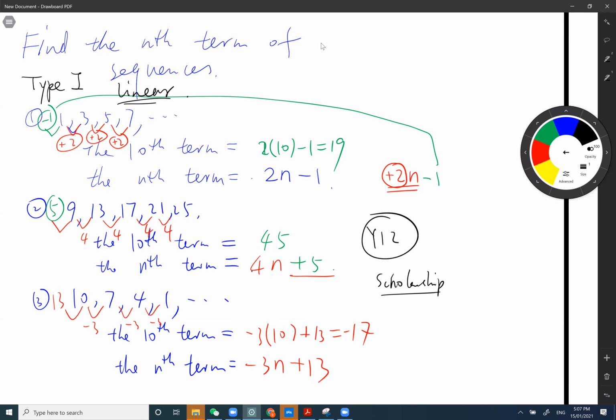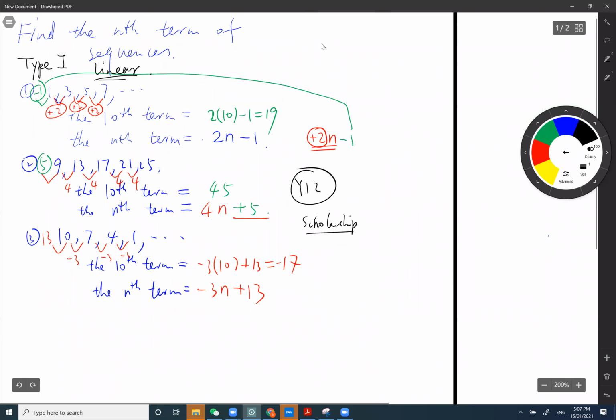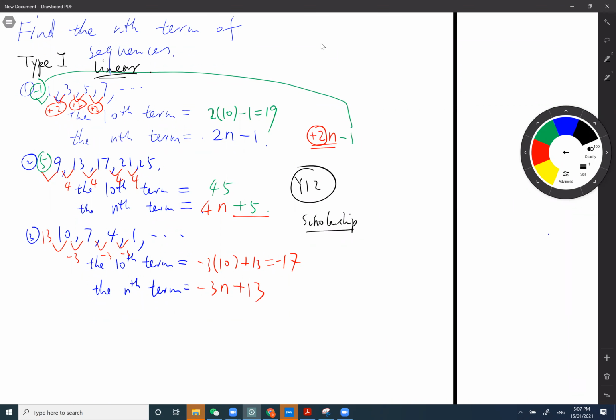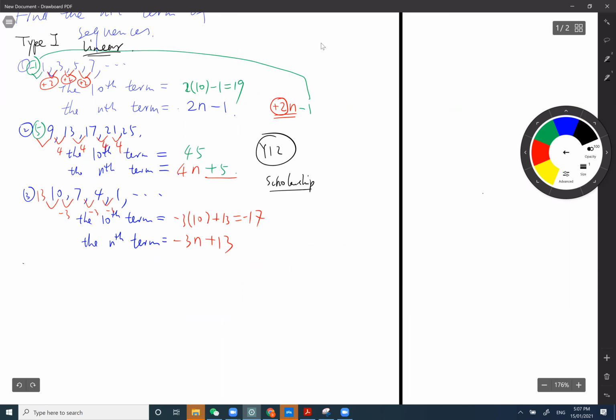Okay. Let's check type 2. Any question about type 1? No? Okay. Let's check type 2. Again, in NCEA it is called exponential. In NCEA level 1 exam it is called exponential.